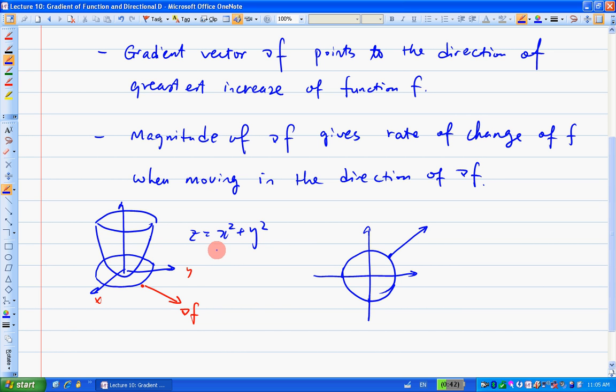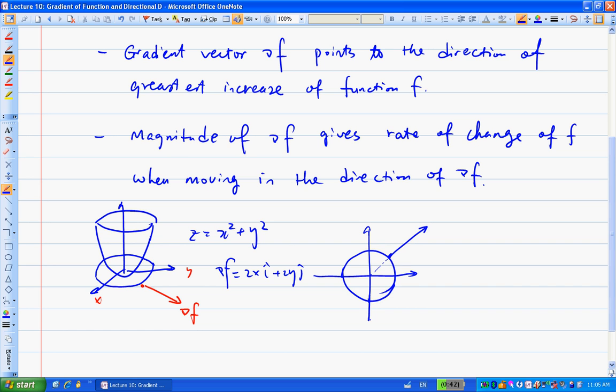This is easy because at any point the gradient vector is basically 2x i hat plus 2y j hat. As you can see, picking any point, if you extend the gradient vector, it's going to pass through the origin.